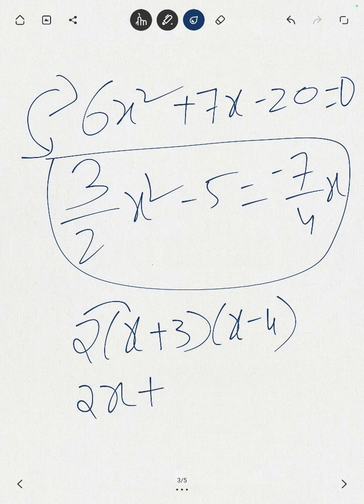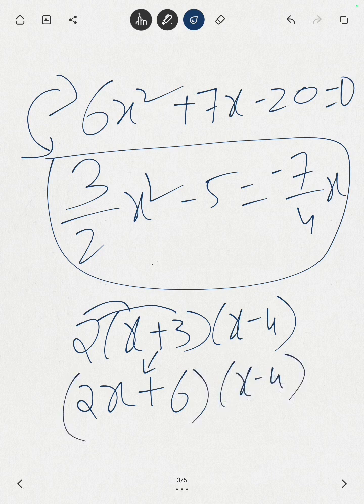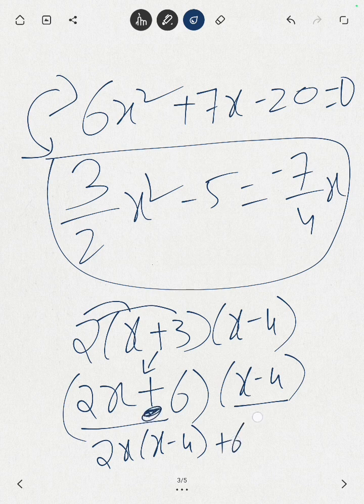Write the symbol plus 2 into 3, 6. Now again try to distribute this expression to this expression by each term. So 2x into x minus 4 plus this one, 6 into x minus 4.